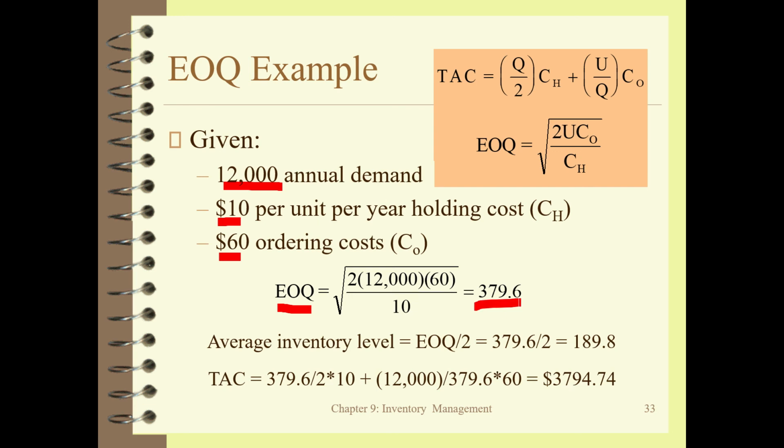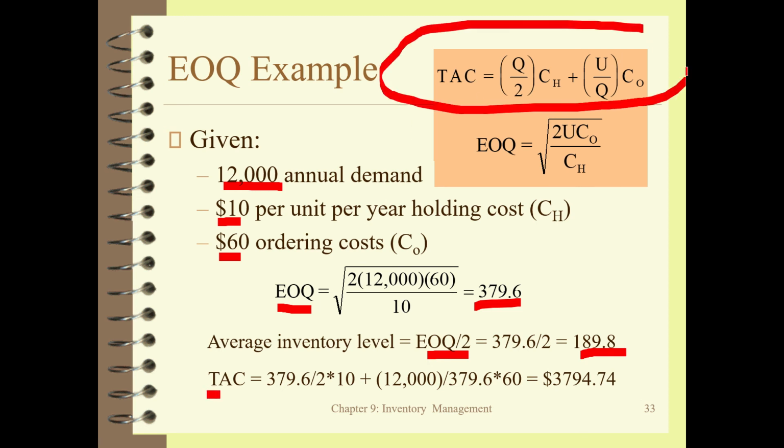We got this amount. And the average inventory level, we have EOQ divided by 2. That is going to be 189.8 items.